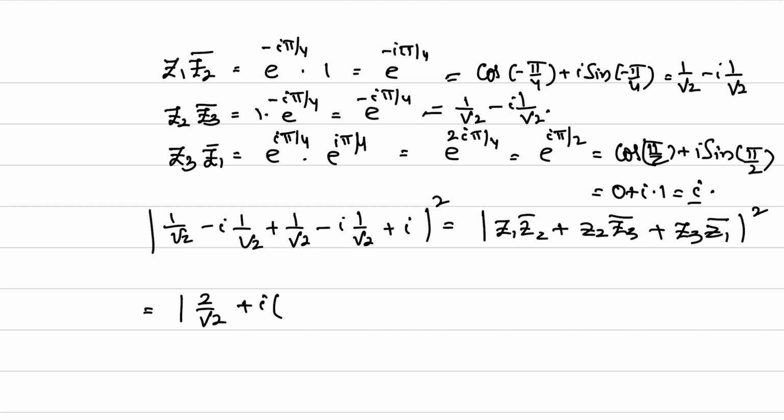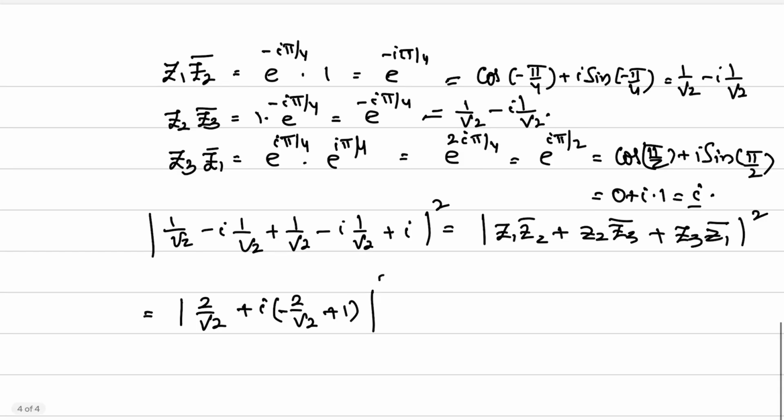Plus i into, this is 2 by root 2 minus root 2 plus 1, whole square modulus. Now, the modulus of root 2 plus i into 1 minus root 2, whole square.